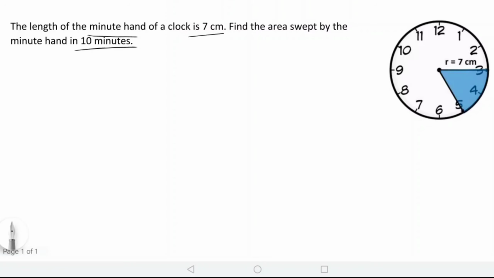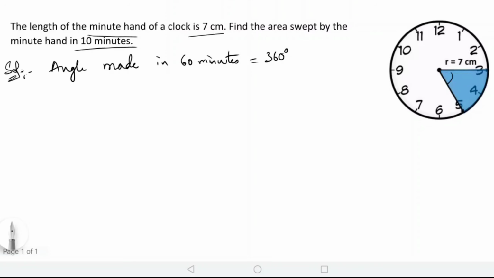For that, first of all, we should know this angle. To find out that angle, we know that in 60 minutes, the minute hand will make a complete circle. So we can write, angle made in 60 minutes is equal to 360 degrees.